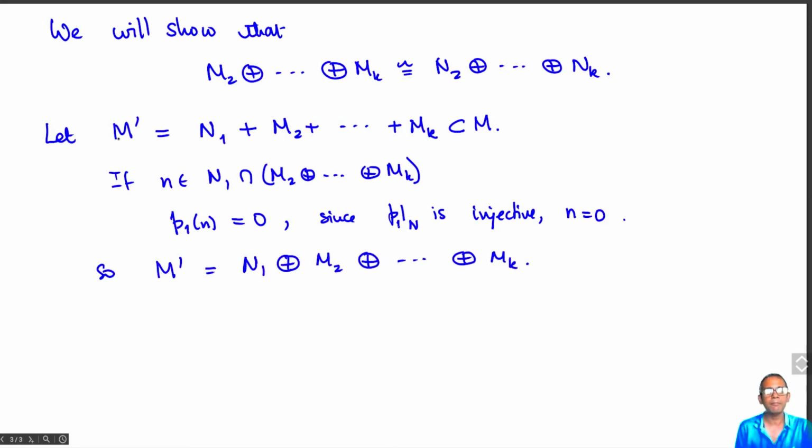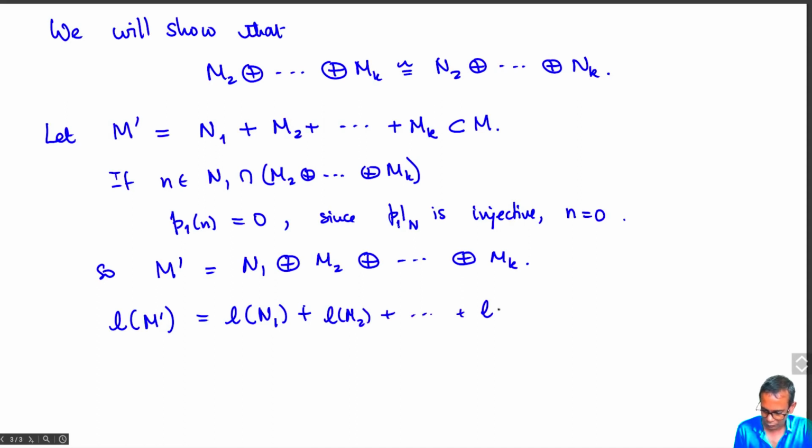Now I want to show that M prime is actually equal to M. We can do this by comparing lengths. Length of M prime is length of N1 plus length of M2 plus ... plus length of Mk. If you have a Jordan-Holder series for each summand, you can combine them to get a Jordan-Holder series for the direct sum.